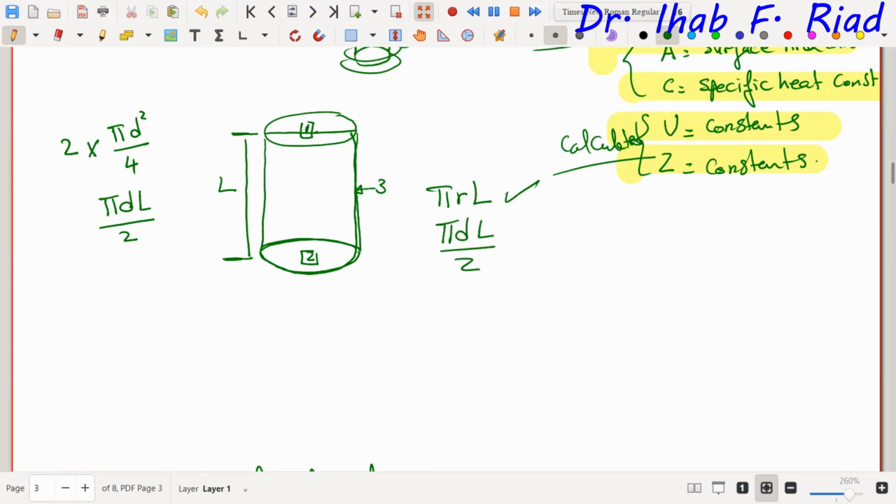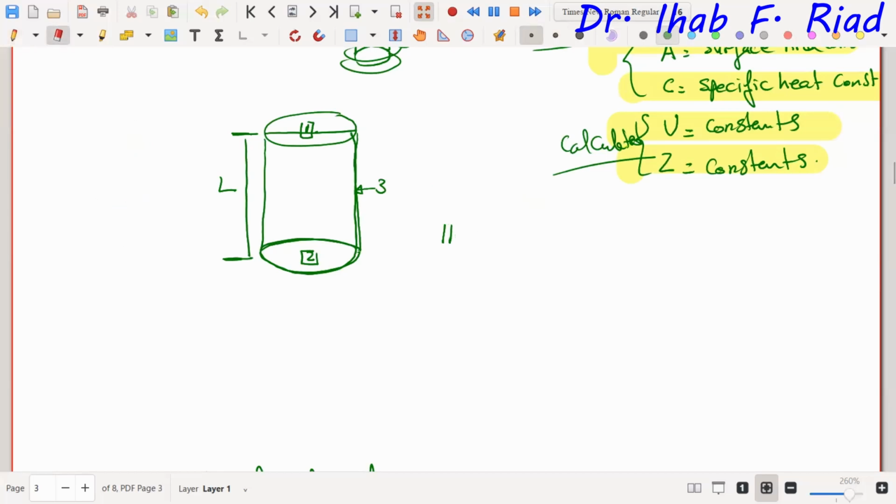Yes. Okay. Then the total surface area is equal to pi D squared over 4 plus pi D L over 2. Okay?